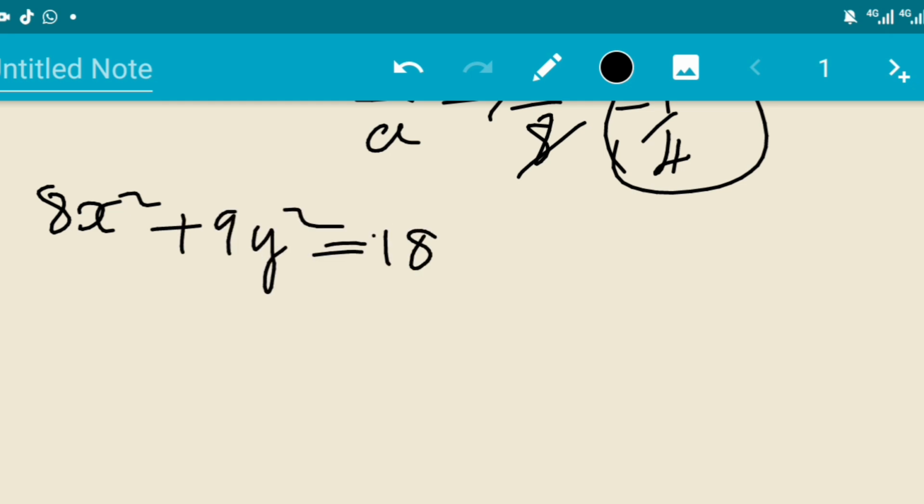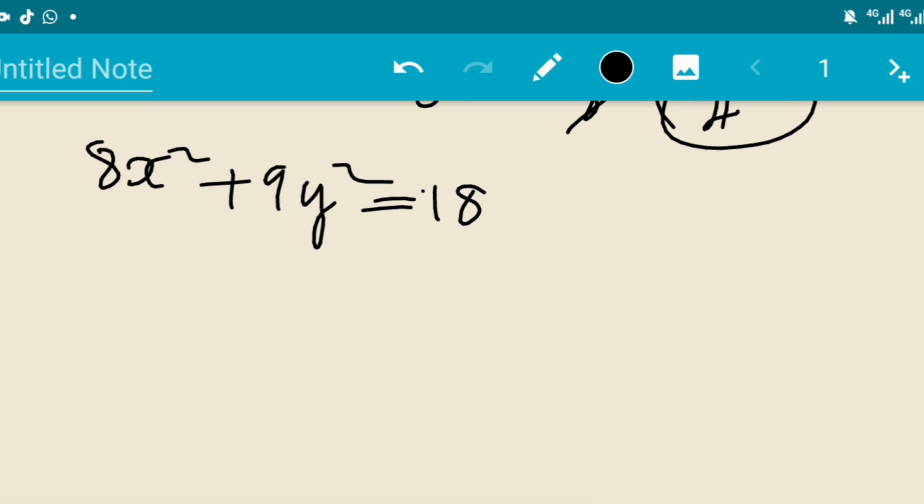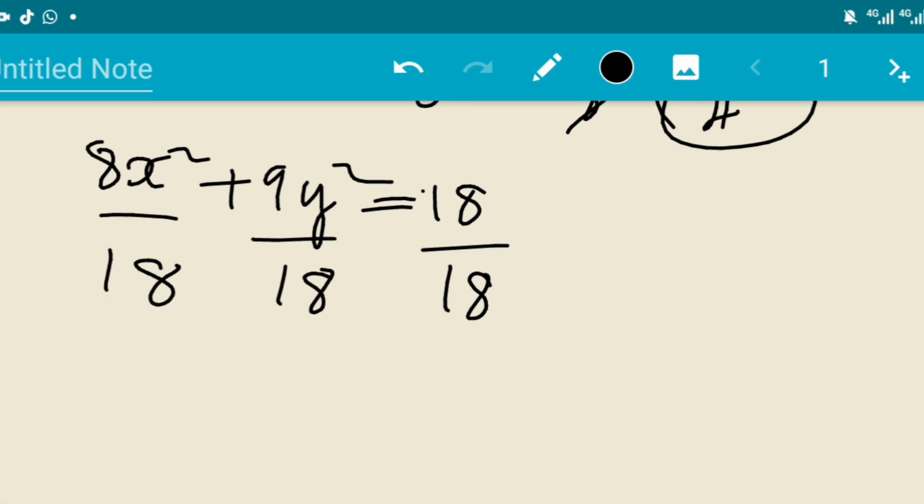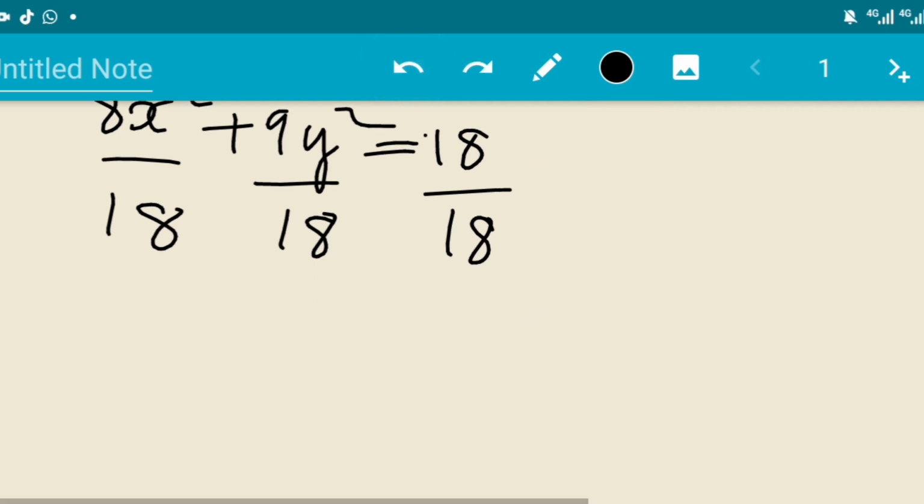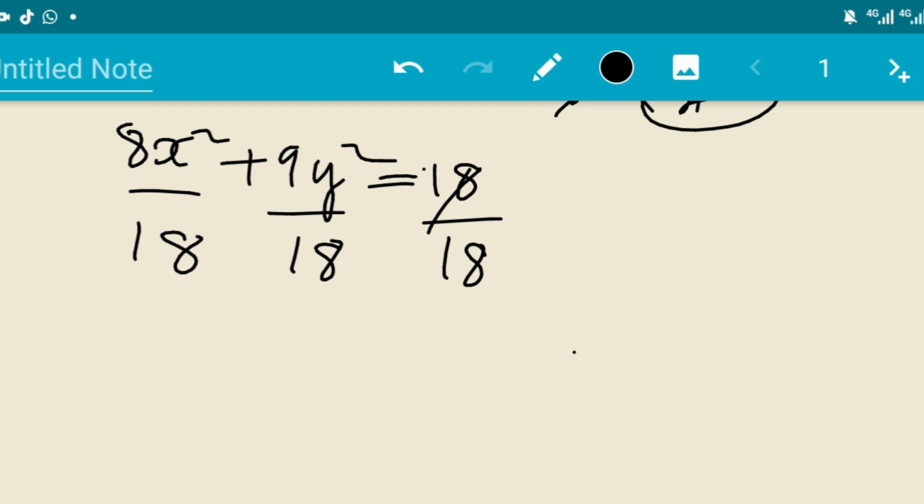Then we're being told to find the eccentricity. So we're going to divide by 18, divide by 18, divide by 18. Why are we doing this? You need to have a 1. So 18 divided by itself, what we're going to have here is a 1.